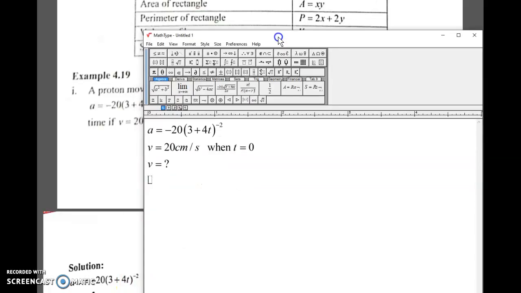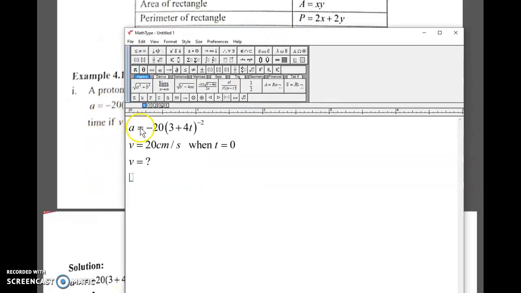To find v, we know that a is the second derivative of a function, where the first derivative is the velocity. So to go from acceleration to velocity, we need to integrate once. Let's integrate the function of acceleration.